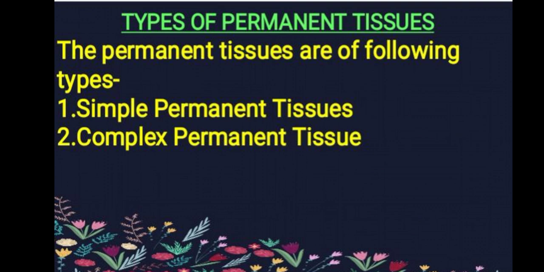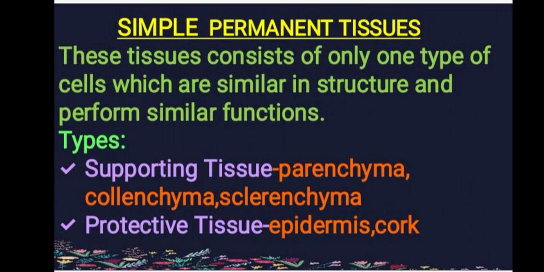Permanent tissues can be of two types: simple permanent tissues and complex permanent tissues. Simple permanent tissues consist of only one type of cells which are similar in structure and perform similar functions.